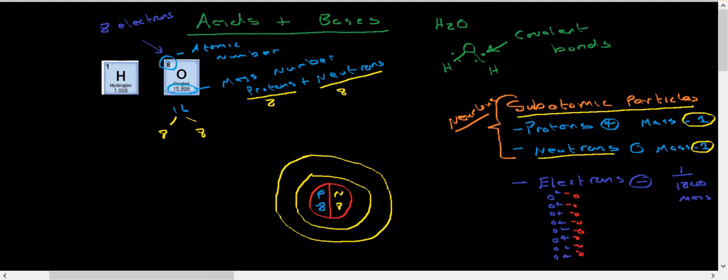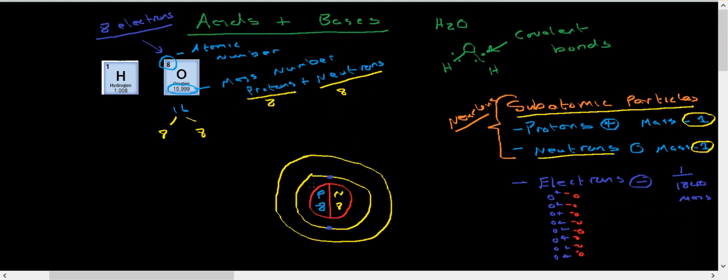So we can just represent those. Imagine these are the first two. Remember, oxygen has 8 electrons. If it has 8 protons, it has to have 8 electrons. So 2 of those electrons are in the first shell, and the first shell is full when it has 2 electrons.